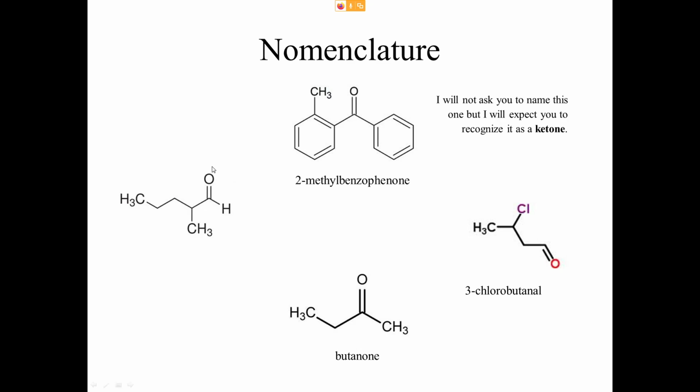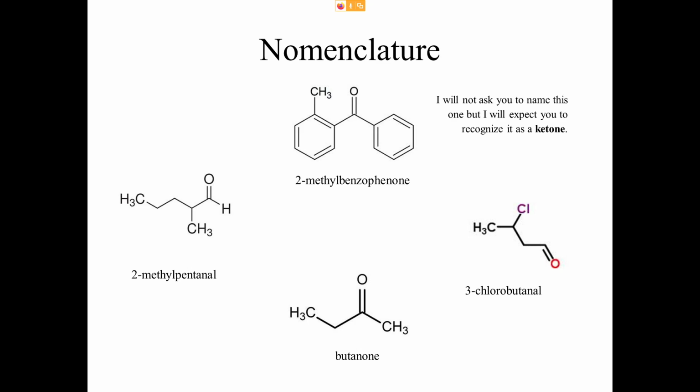Pentane, we changed the ending to al, so pentanal. I'm stressing the al on purpose so you don't hear all, because if you say it quickly, it sounds the same. So pentanal, and what else is on my pentanal? A methyl. And its location? 2. So 2-methylpentanal.